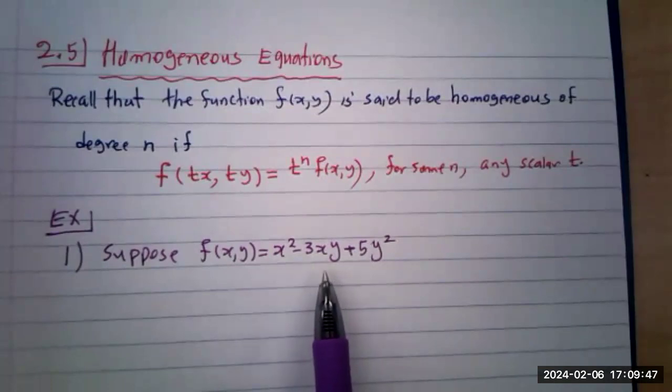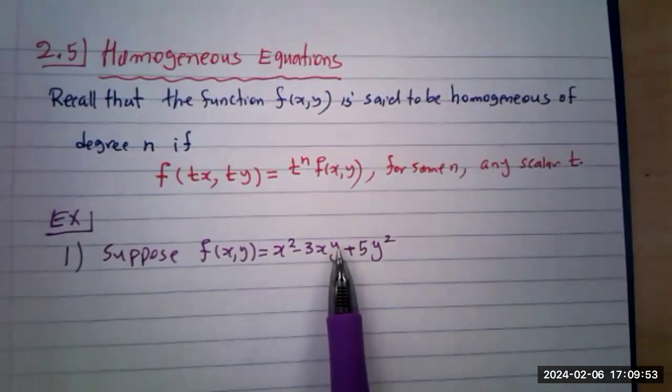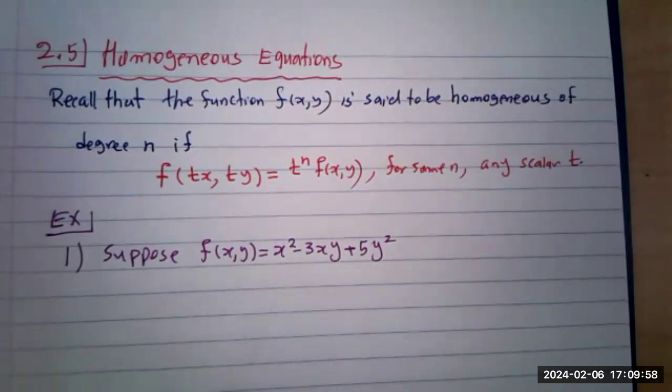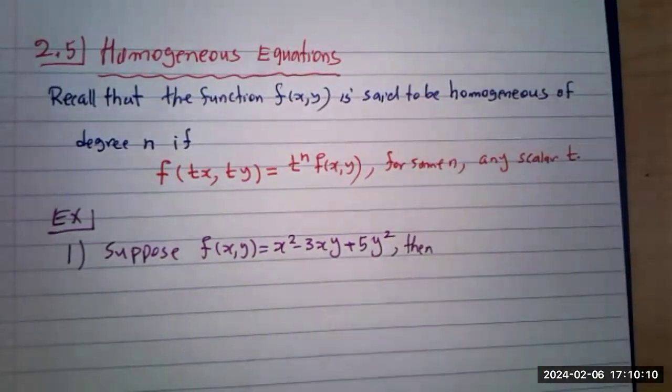The second one, when you get two variables, you add the powers together, so 1 and 1 would be 2. And this one is also 2. So all the powers are 2. So quickly you can realize that this is going to be a homogeneous function of order 2. This is the way we identify quickly.